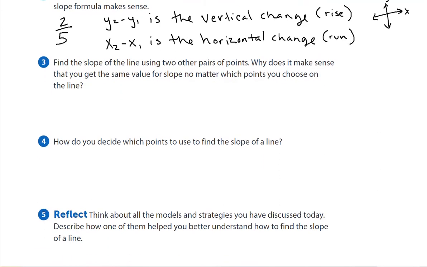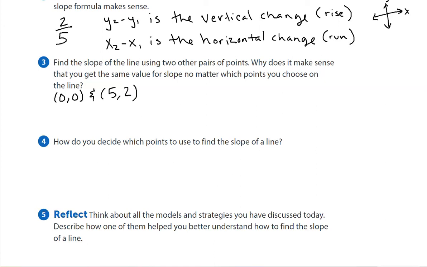Number 3, find the slope of the line using 2 other pairs of points. Why does it make sense that you get the same value for slope no matter which points you choose on the line? Let's use the points (0, 0) and another point (5, 2).